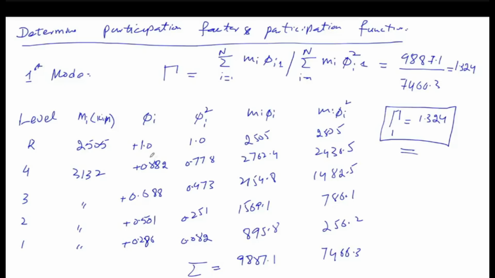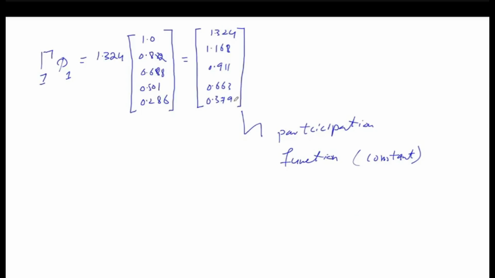If you normalize them this way, you get a different number. So this 1.324 can be a different value depending on how you normalize the mode shape. But the participation function remains constant, unchanged, no matter what mode shape approximation or idealization you are using. If it is the originally obtained mode shape or if it is normalized, in both cases you will get the same participation function. So it's a constant value.